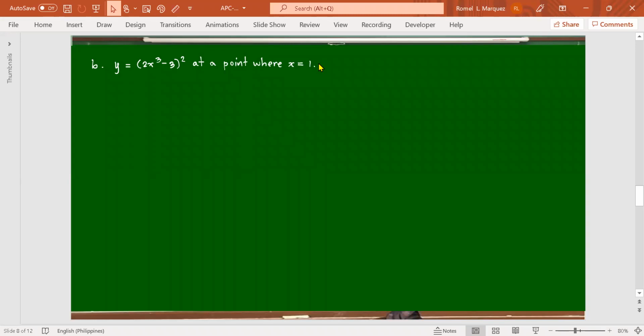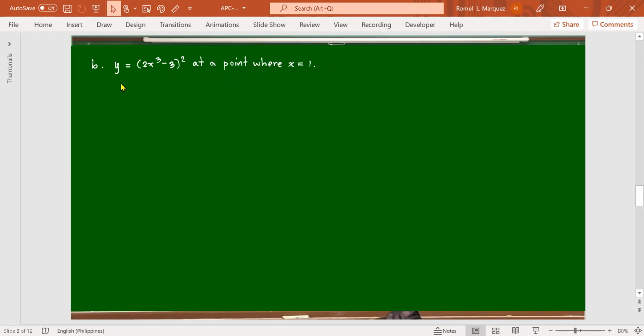So it is not directly given the point, just the x, no? But since we want to find the equation of the tangent and the equation of the normal, we need to find the corresponding partner, the y value. Okay, guys?